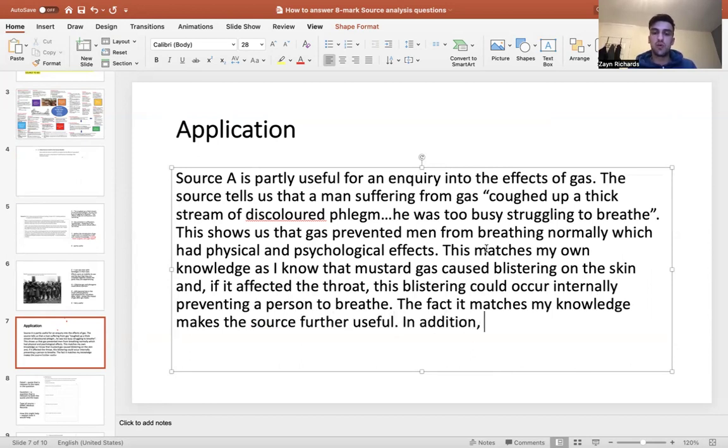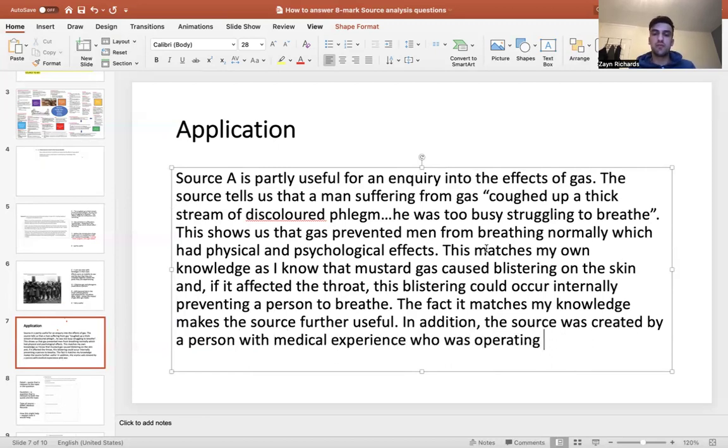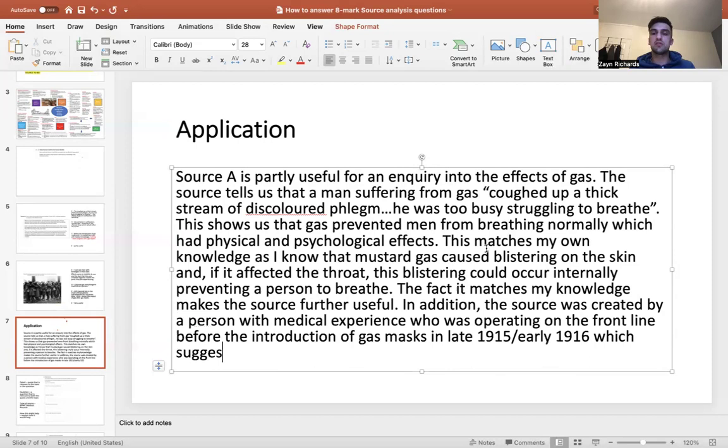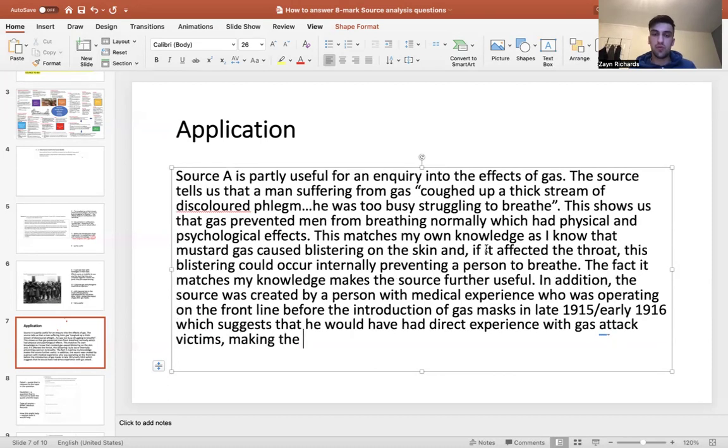In addition, the source was created by a person with medical experience who was operating on the front line before the introduction of gas masks in late 1915, early 1916, which suggests that he would have had direct experience with gas attack victims, making the source more useful.